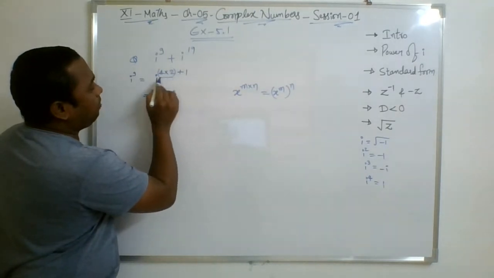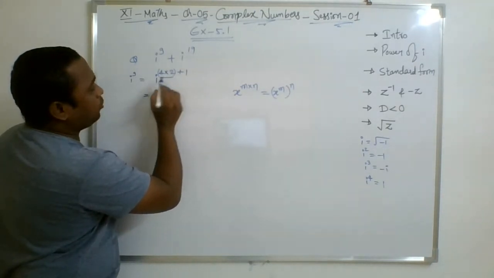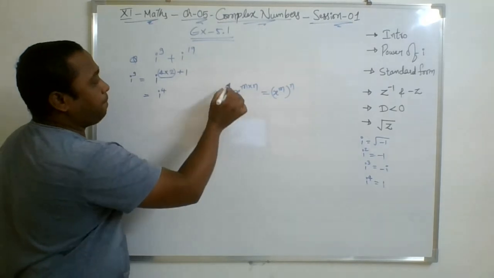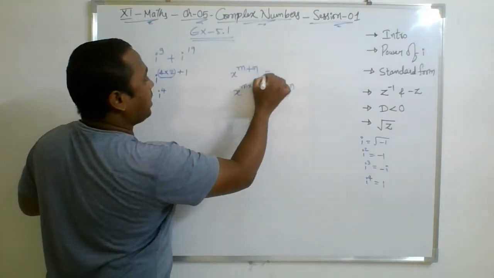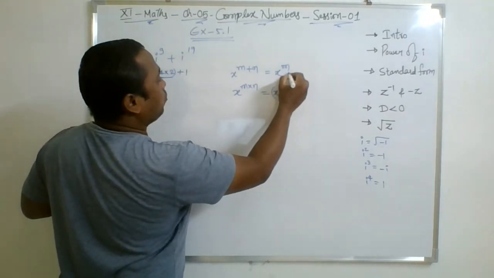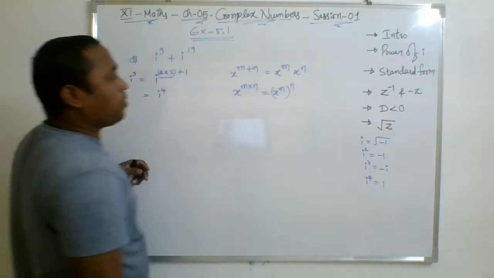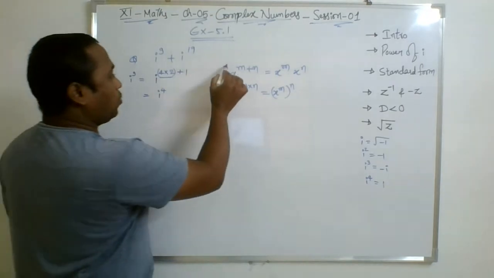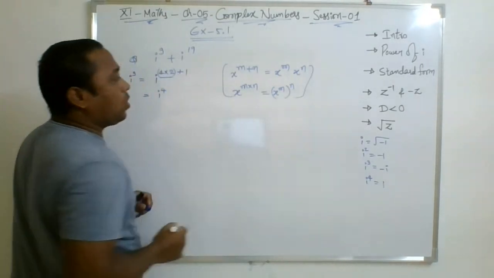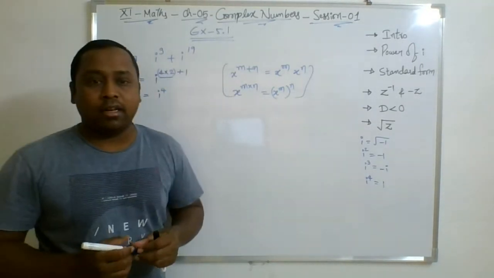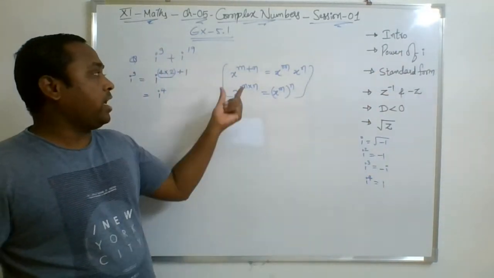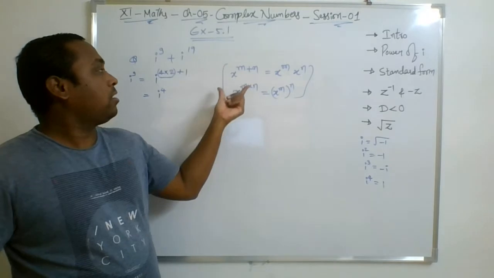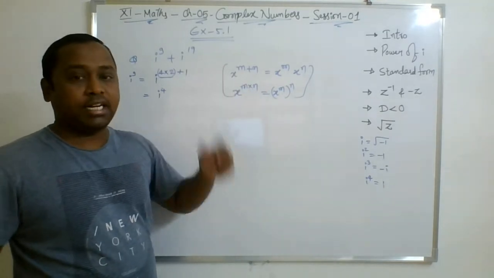It is in the form of x to the power of m plus n, which will be written as x to the power of m into x to the power of n. These are the two identities we are going to use in the concept of power of i. We'll write the power of i by using these two identities.